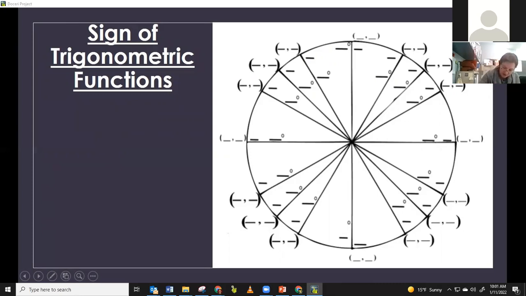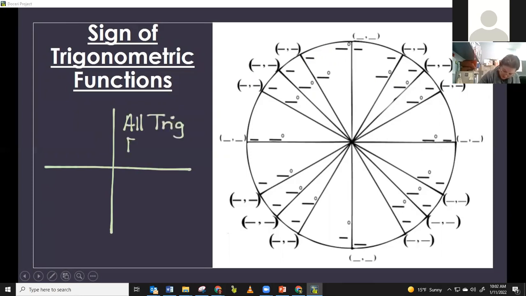So when we're talking about our trigonometric functions, all my trig functions are positive over here in quadrant 1. Which trig functions are positive in quad 2?